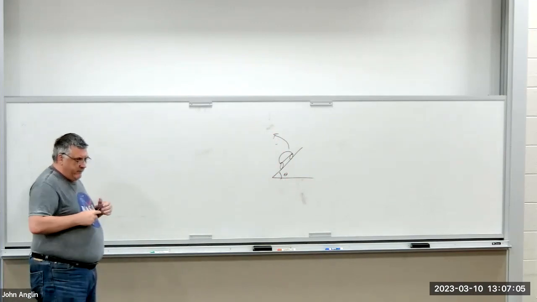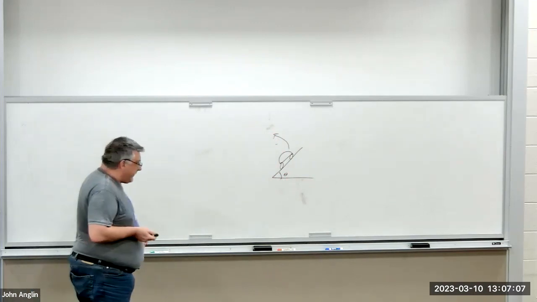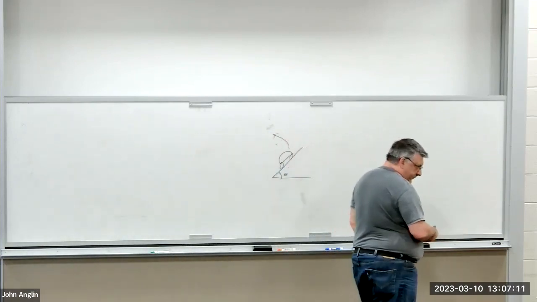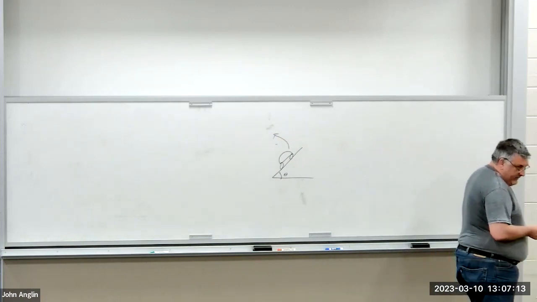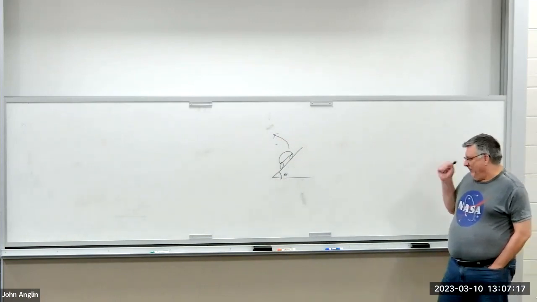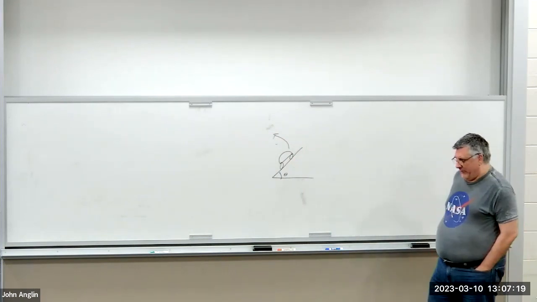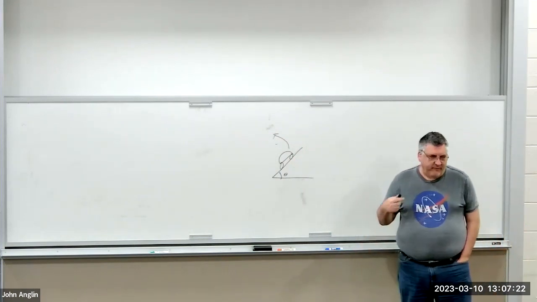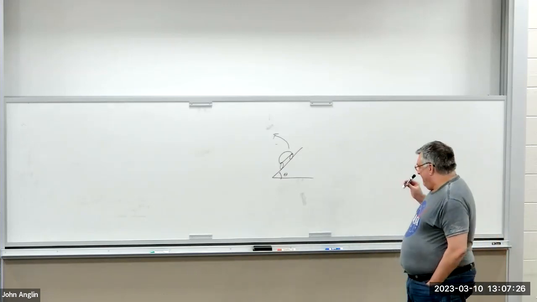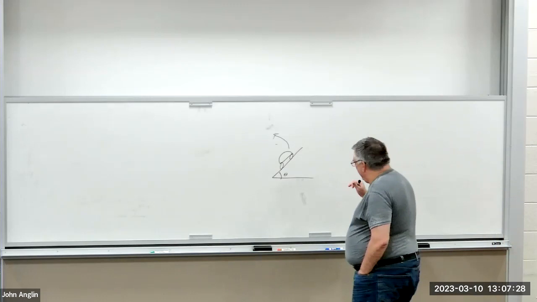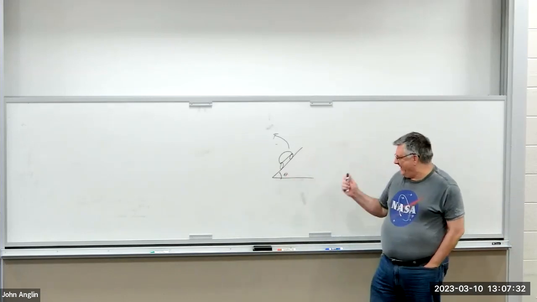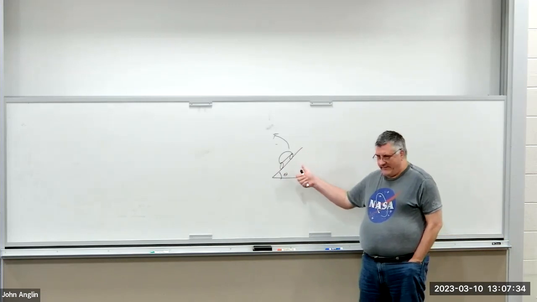Now we know from our discussion of centripetal force, centripetal acceleration, that we're going to get some sort of force going on here because the car is going in a circle. And we can tell from just our intuition and our observation that at some point, this car is going to be going so fast that it's not going to stay on the track.